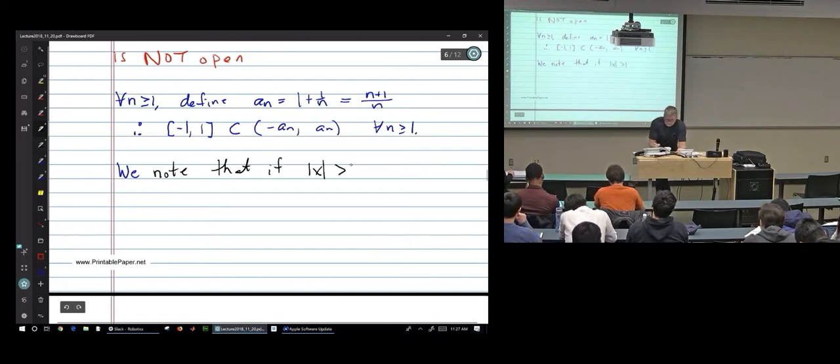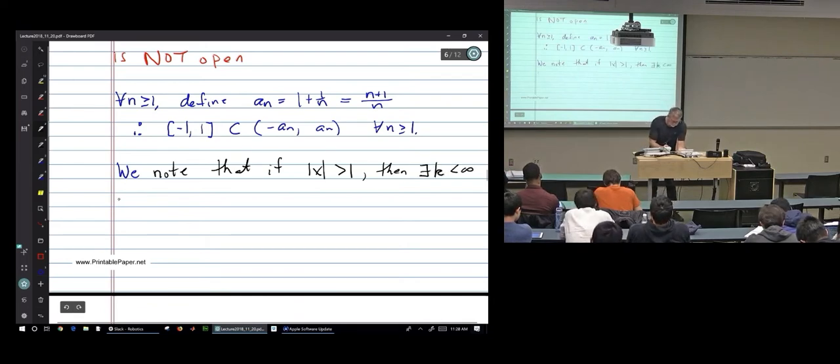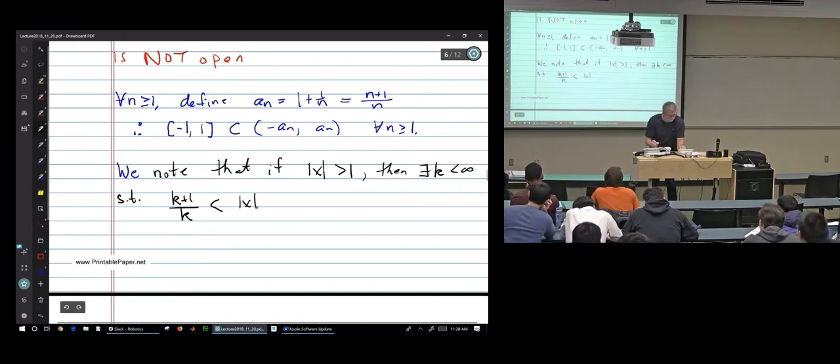Now, suppose the magnitude of x is strictly greater than 1. Then there exists some finite k such that k plus 1 over k is strictly less than the absolute value of x.